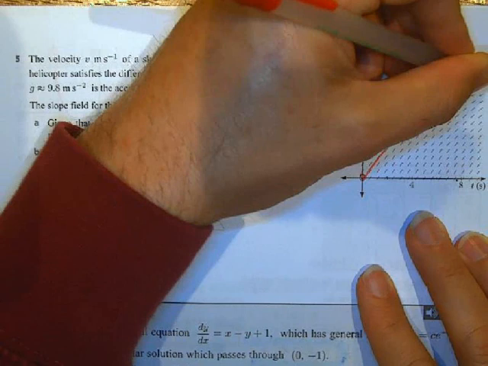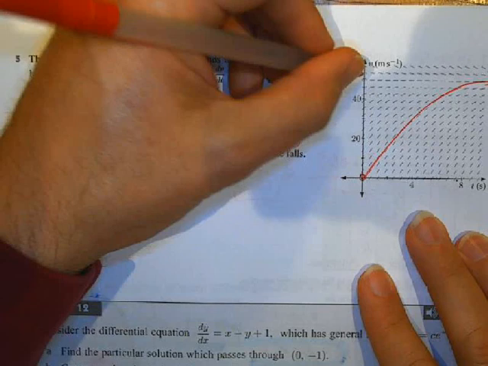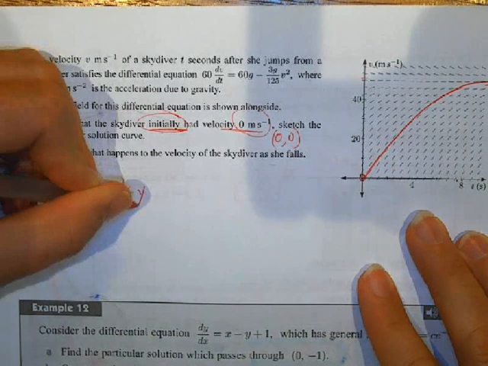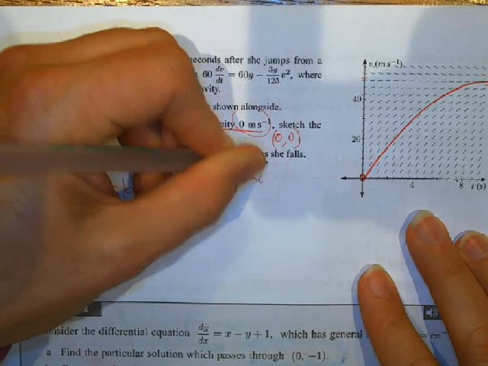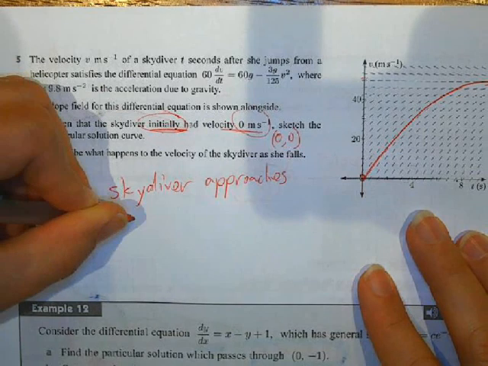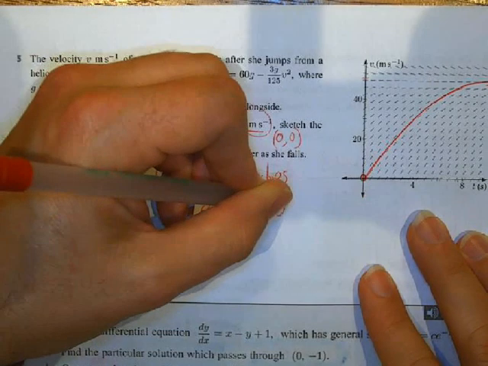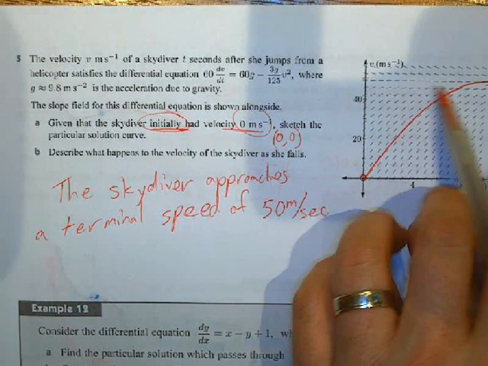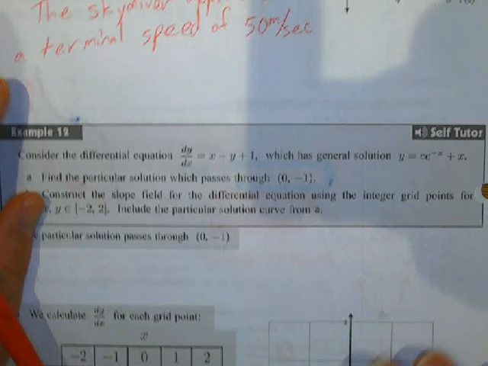Something like that. So it looks like the skydiver approaches a terminal speed of 50 meters per second, because it's the horizontal line, it doesn't really go beyond that. Okay. All right, let's look at number 12.